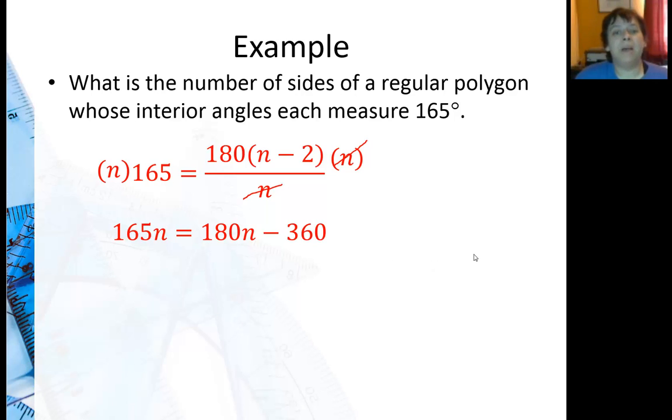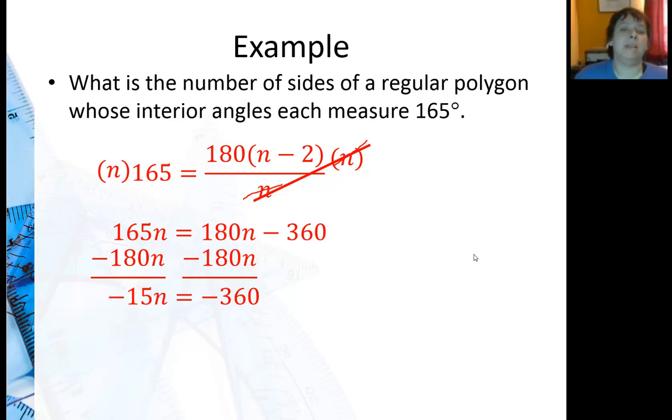Then I have 165 times n, and I use the distributive property, and I get 180n minus 360. All right. Subtract 180n from both sides, and I get negative 15n equals negative 360. Finally, divide both sides by negative 15, and I get n is 24. So my polygon has 24 sides.